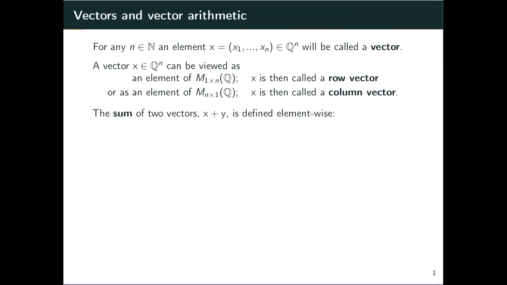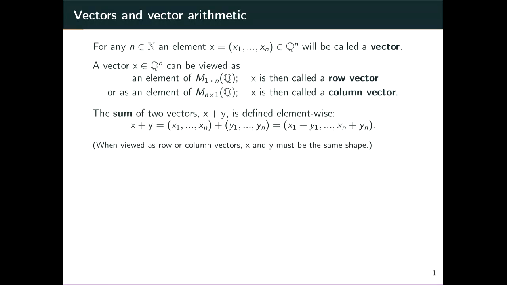And so the sum of two vectors, x plus y, is very easy to define. x plus y is just equal to adding the components together. Each coordinate, x1 plus y1, goes in the first coordinate, and so on.